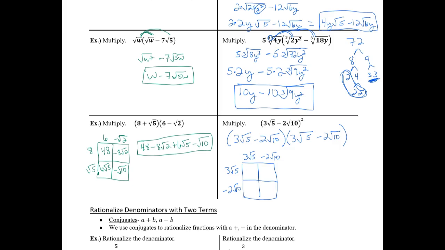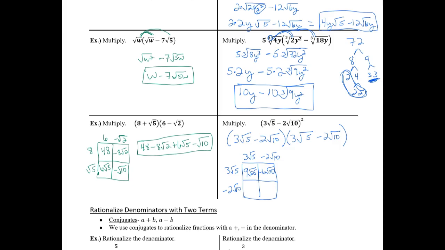So 3 times 3 is 9, and 5 times 5 is 25. Yes, I know that's a perfect square. We'll reduce that in a minute. And then 3 square root of 5 times negative 2 square root of 10. 3 times negative 2 is negative 6. 5 times 10 is 50, so square root of 50.